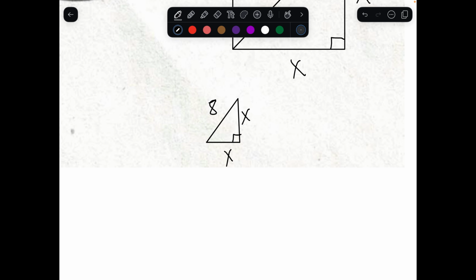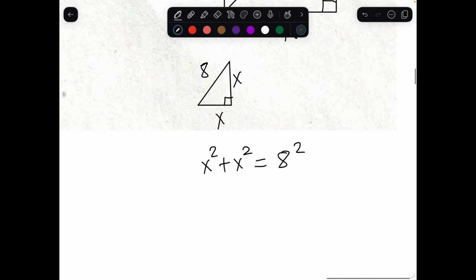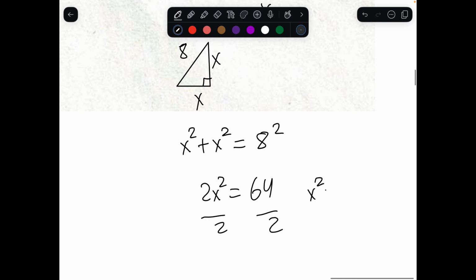So it's going to be x squared plus x squared equals 8 squared, and if we solve for x, it's going to be 2x squared equals 64, divided by 2, x squared equals 32. If we take the square root, x equals the square root of 32.